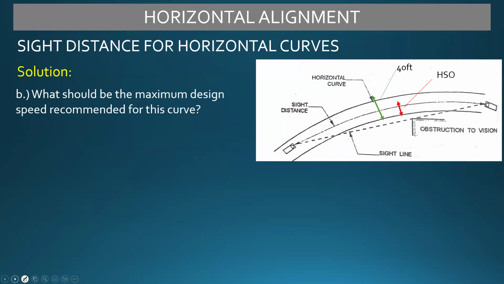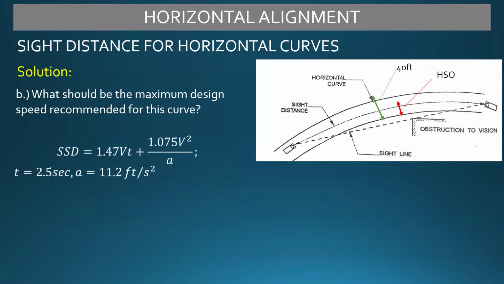So we will use the stopping sight distance. If you recall our formula, that is 1.47 VT plus 1.075 V squared over A in the English system. The 1.47 is a conversion factor, since the unit we use for V should be MPH, and our A is in feet per second squared.